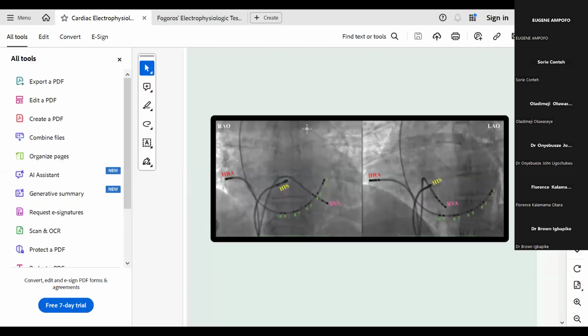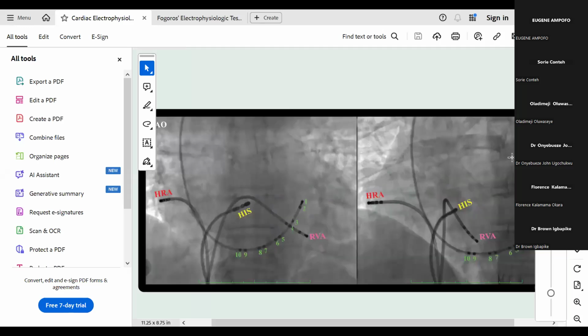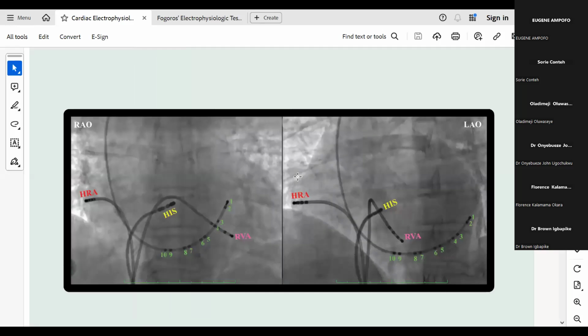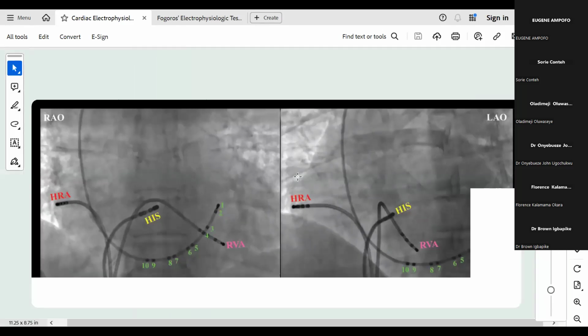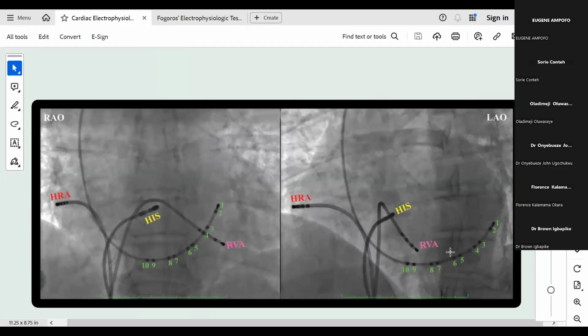If my slide is showing, I want to show us how they do the EP. This is the fluoroscopy of doing the EP, so you can see the way they position the catheters, as I said.